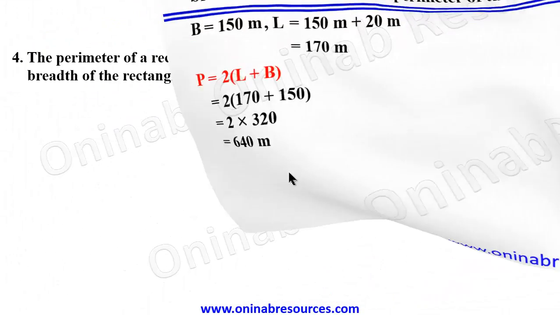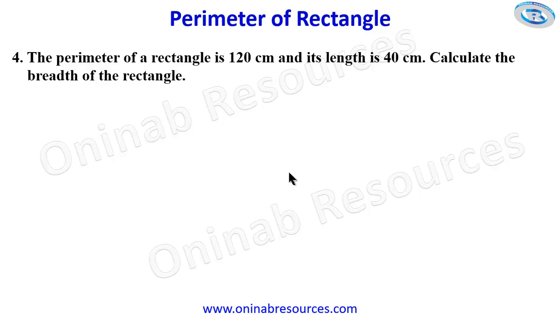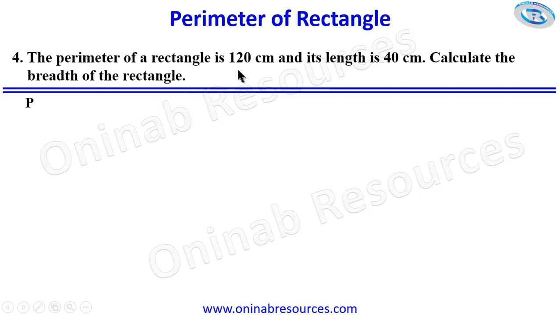We then go to problem 4. For problem 4, the perimeter of a rectangle is 120 centimeters and its length is 40 centimeters. Calculate the breadth of the rectangle. So here we are given the perimeter to be 120 centimeters. The length is 40 centimeters. And the formula for calculating the breadth is perimeter divided by 2 minus the length.